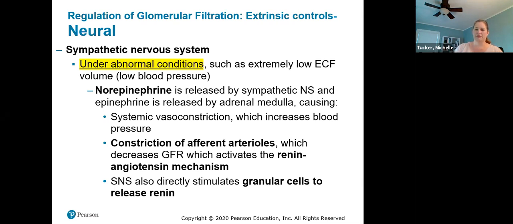Low blood pressure is going to activate that renin angiotensin aldosterone mechanism, where under low arterial pressure, renin gets secreted. It's going to make angiotensin 1, which gets converted in the lungs to angiotensin 2, and then angiotensin 2 has those 4 effects.